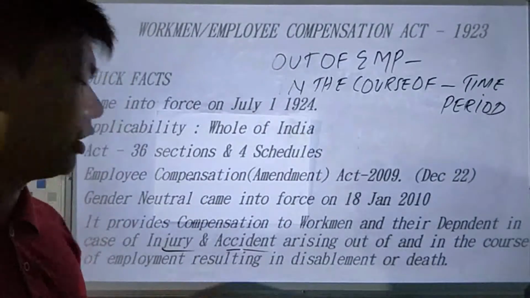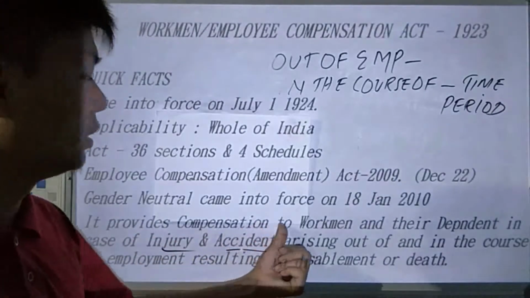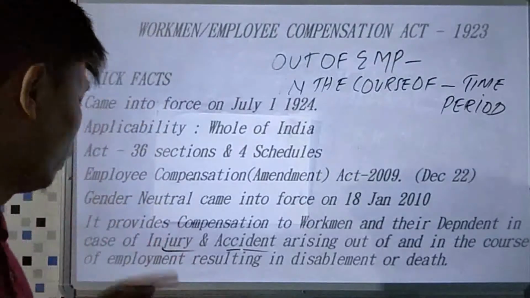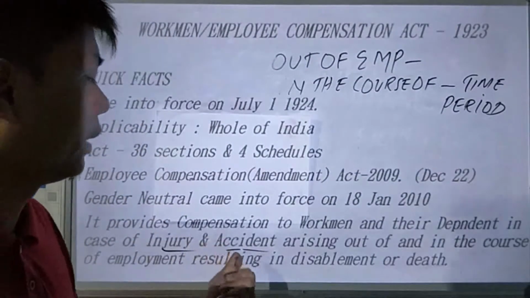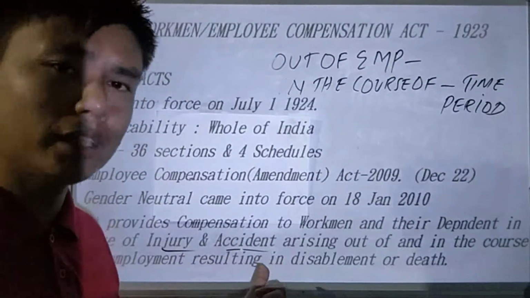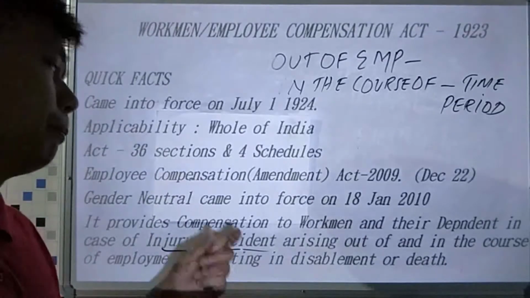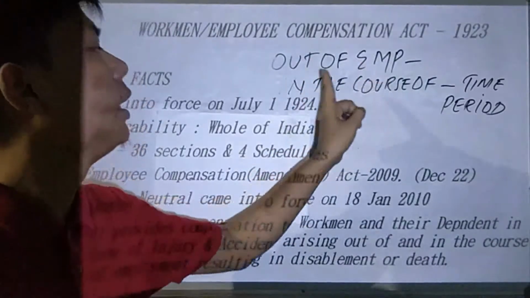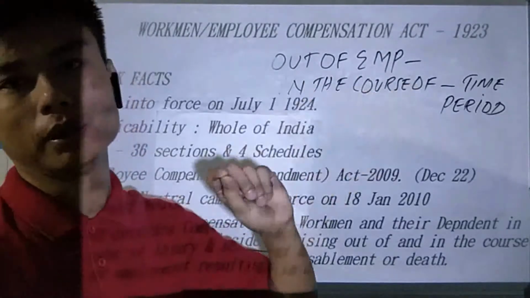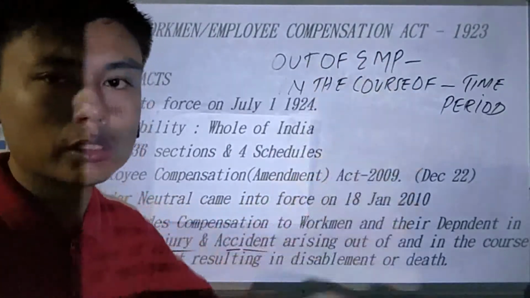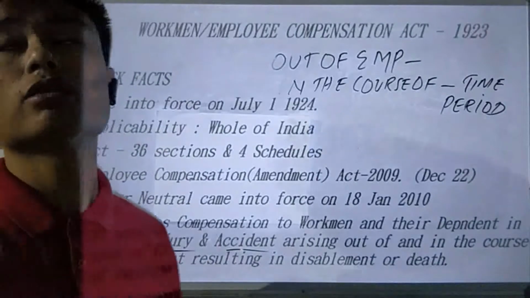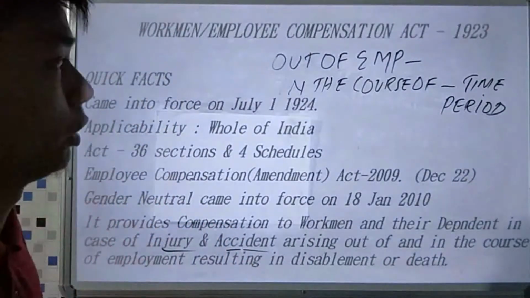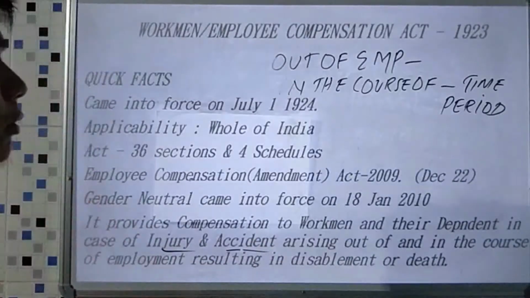It provides compensation to workmen and their dependents only in case of injury and accident. But this accident should be out of and in the course of employment. Out of employment means there should be some relation with employment. It's not like you went somewhere and you got an accident. No, you are not going to be paid any compensation, alright?